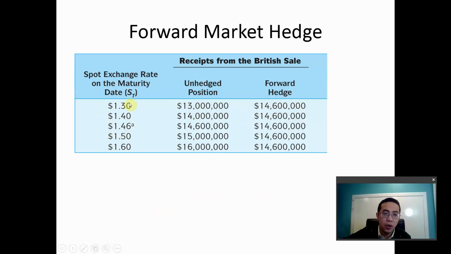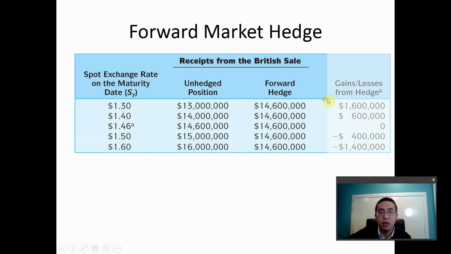Okay, so if the spot rate goes low to 1.3 or goes high to 1.6, you always receive 14.6 million US dollars. But if you don't hedge at all, if the spot rate is 1.3, then you will receive 13 million dollars for the 10 million pounds. If the spot rate is 1.6, you would receive 16 million dollars for the 10 million pounds.